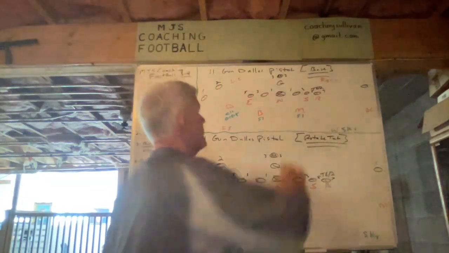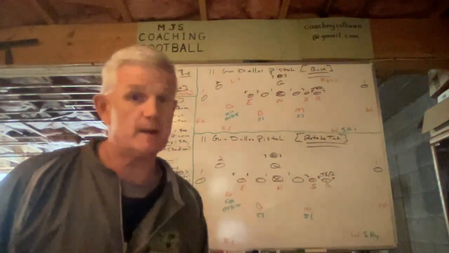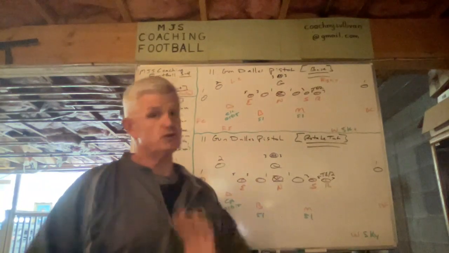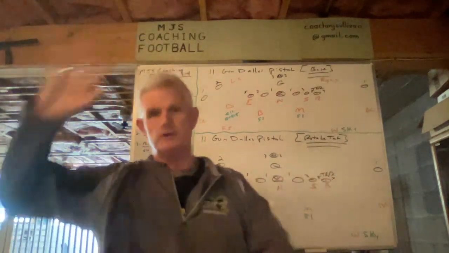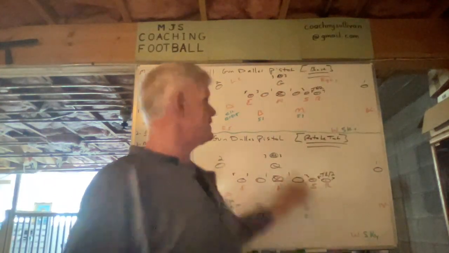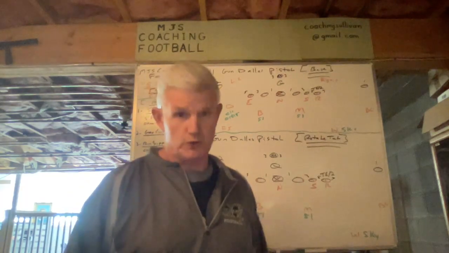And I'm not going to get into the running back motion because then that puts us into an empty check, which is a whole different thing. We have a specific front that we check to, which changes a lot of things, not just the motion. So these motions are the wide receiver motions.